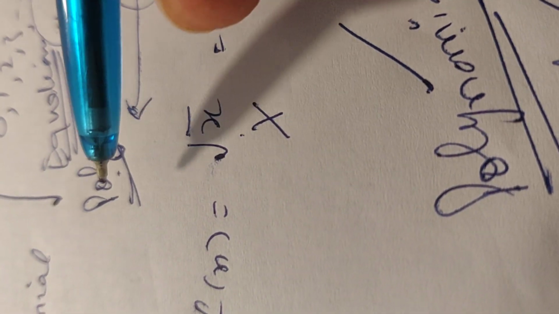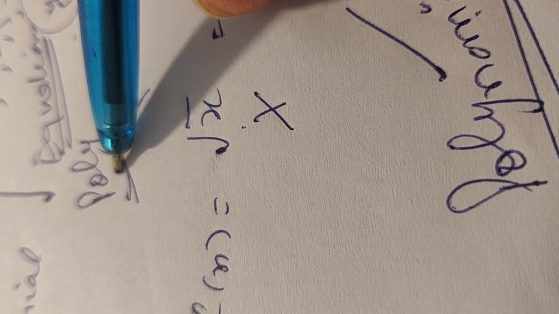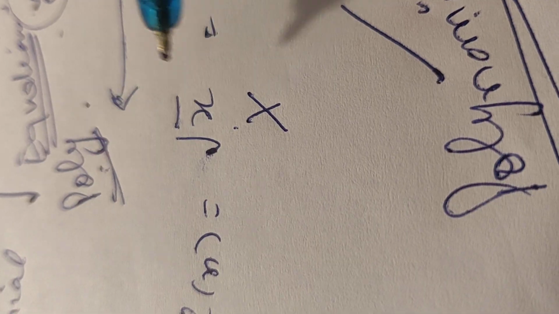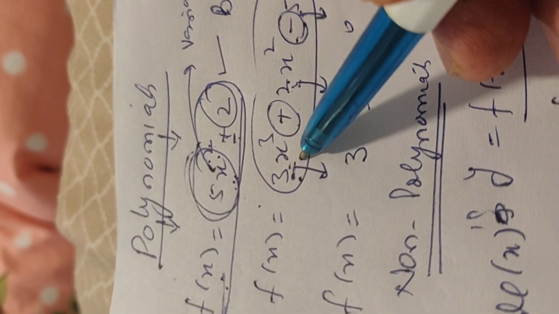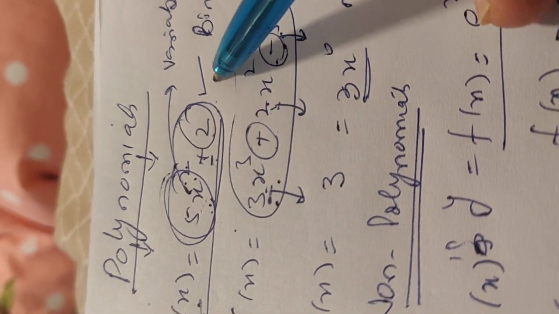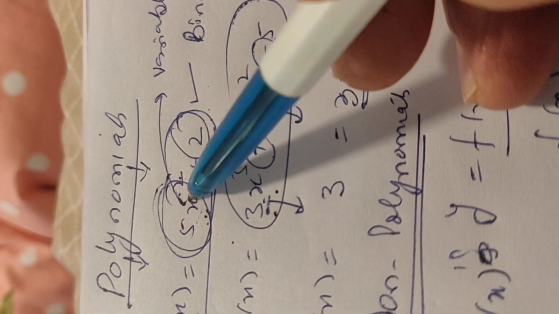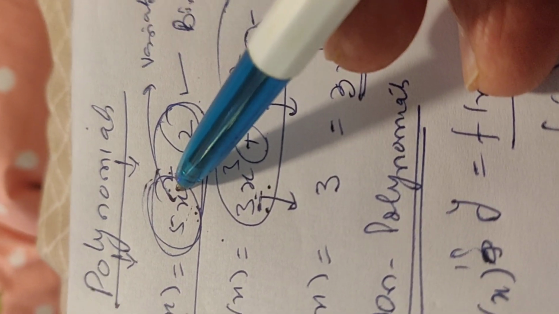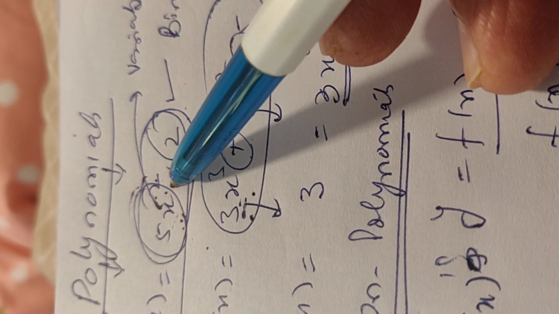And if we have to distinguish these polynomials depending upon the power of the variable, we do not see how many terms are there. We just see the maximum power of the variable.